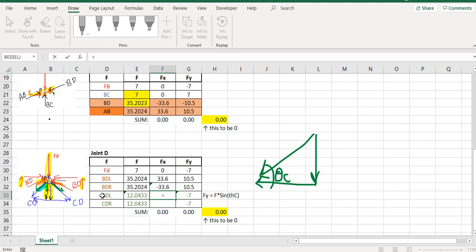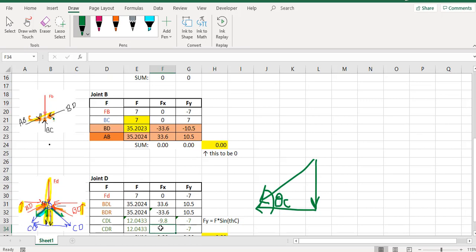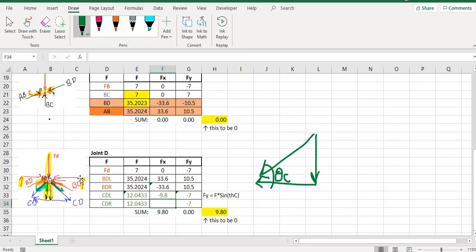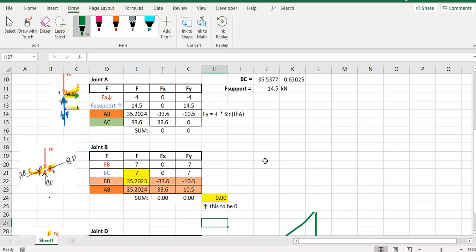So on the left, it'll be negative of this times cosine, on the adjacent side of theta c here. And the right-hand side is just going to be the negative of that. So we have everything adding to 0. We have the magnitudes of everything going on in each of those members, and we've got nice tables set up for each joint.